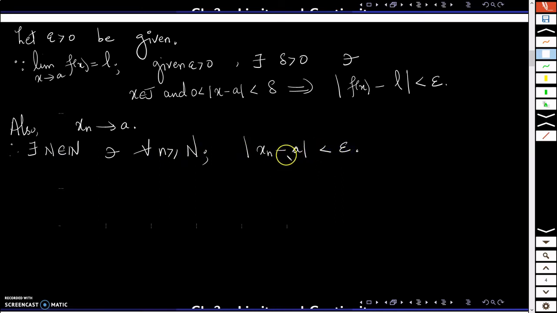This is by the definition of convergence of a sequence. So there is a stage capital N such that for all n bigger than or equal to capital N, |xn − A| will be less than epsilon, right?